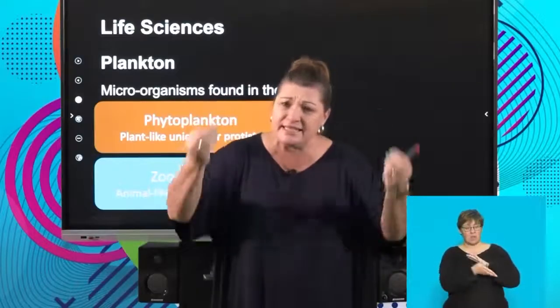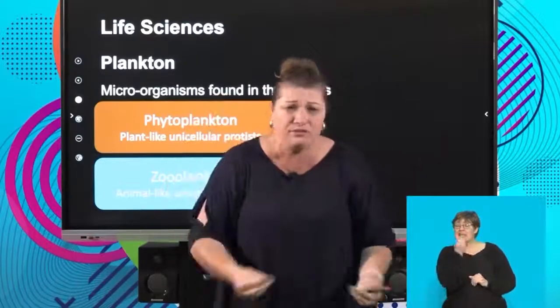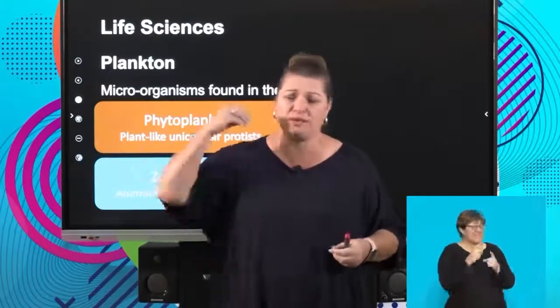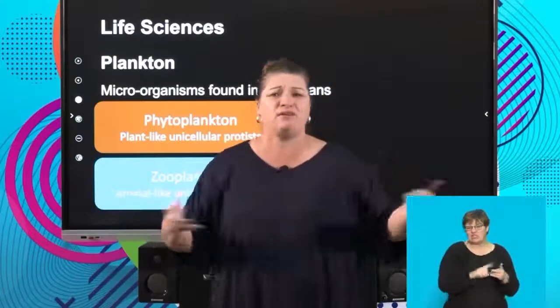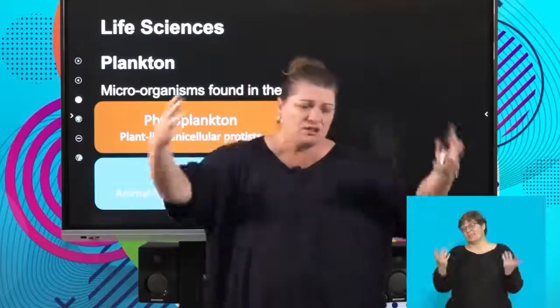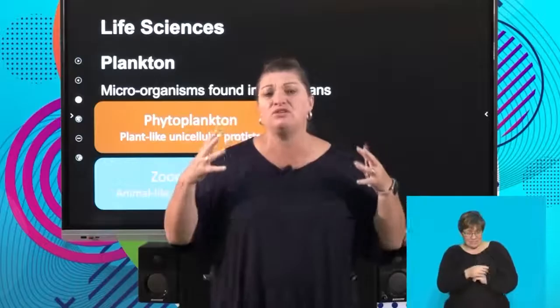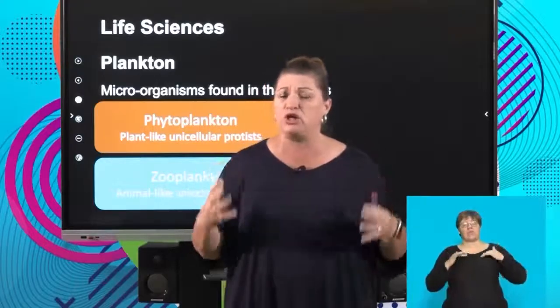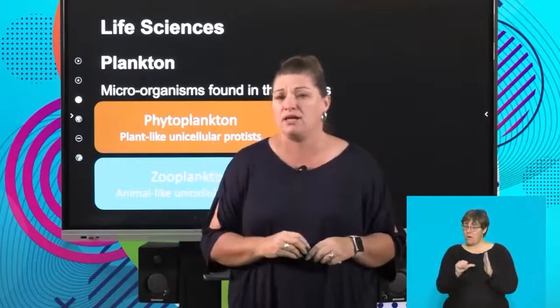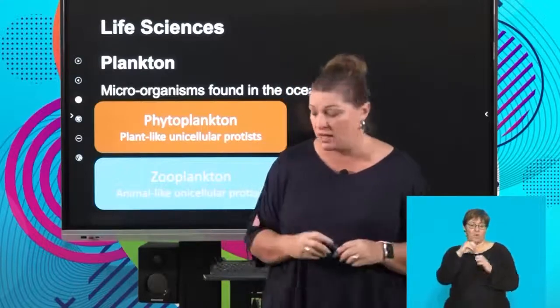They are eaten by a lot of organisms in the water, by fish, by the whales, by lots of turtles and all of those kind of animals that are going to live in the ocean. They're going to form a huge, important part of the ecosystem when we come to the food chains.